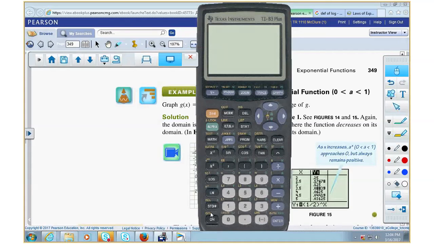Y is equal to, and just say 5 to the x power, and clear, and then graph. And then you can graph y is equal to 0.5 to the x power.